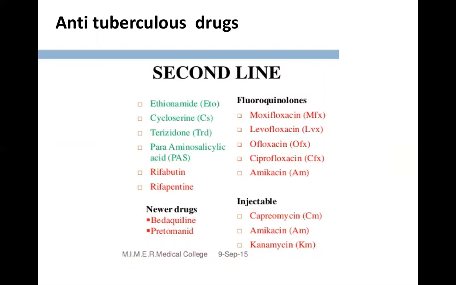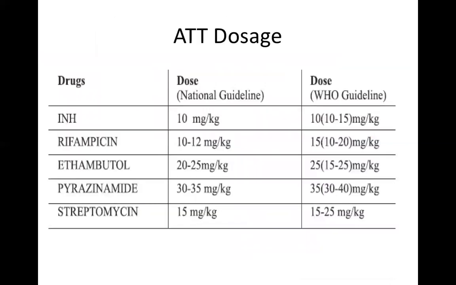We can also have some second-line drugs, and this is the list of the second-line drugs if you are not able to give first-line drugs because of any reason. This is the dosage of anti-tuberculosis drugs.